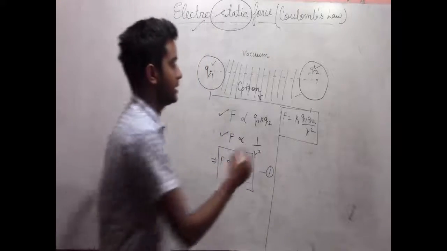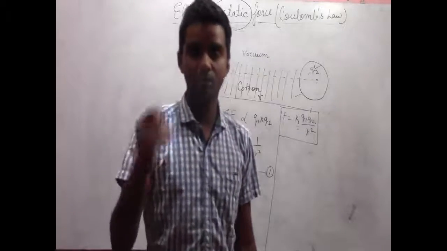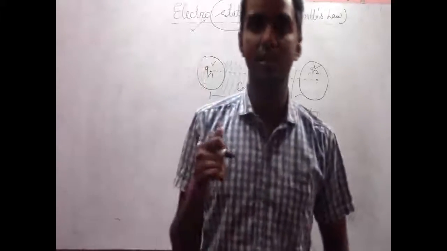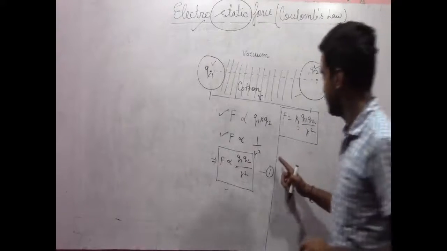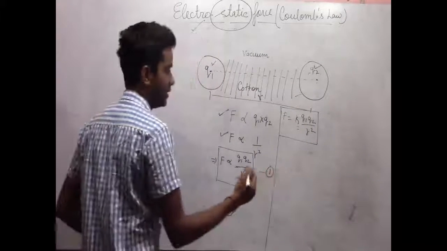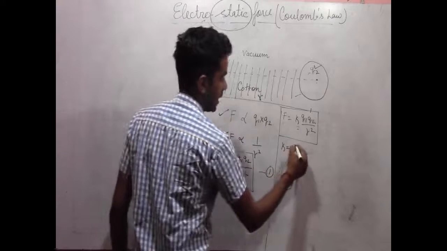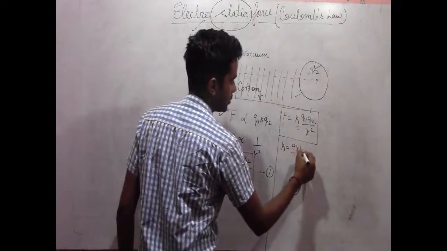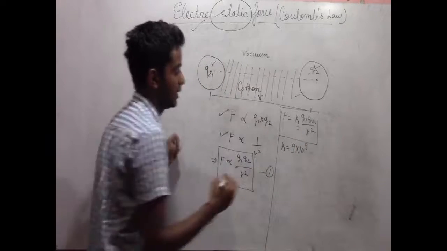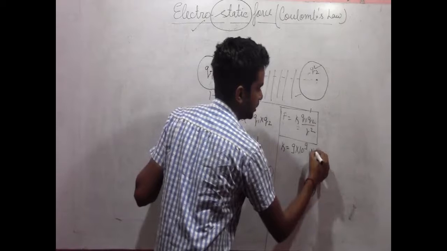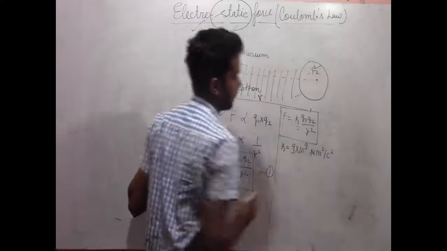Next thing, what is K? You know it very well. K is a proportionality constant. Just remember it. And what is its value? K is equal to 9 into 10 raised to the power 9 Newton meter square per coulomb square.